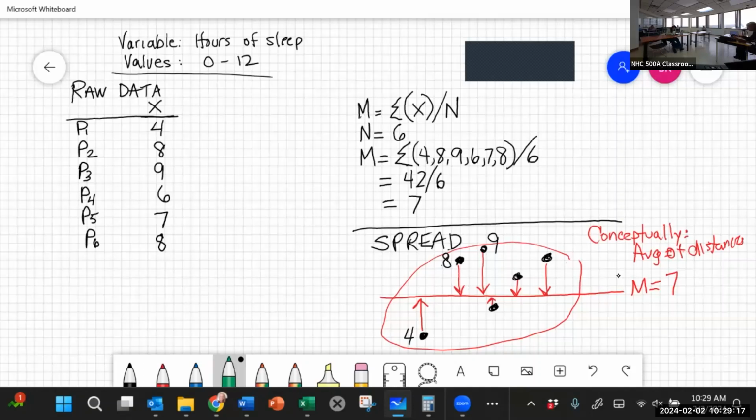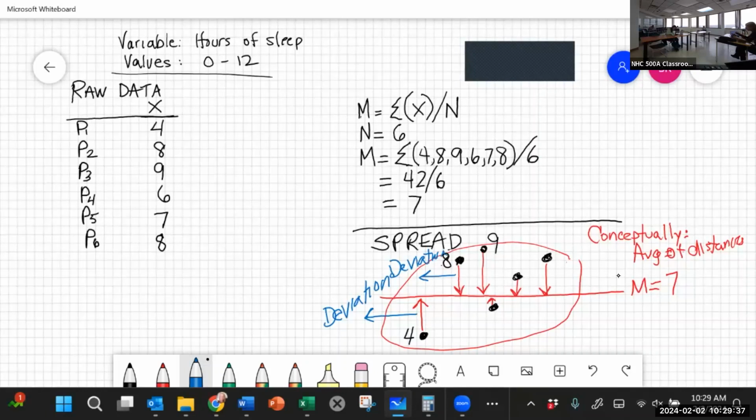Each of these distances is called a deviation.